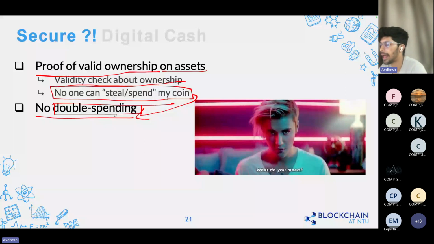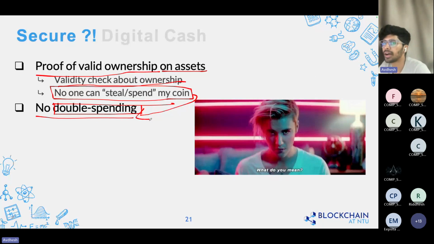Let's suppose I have 10 digital coins. How will I know that someone is not having the same asset as me and spending it from my wallet?